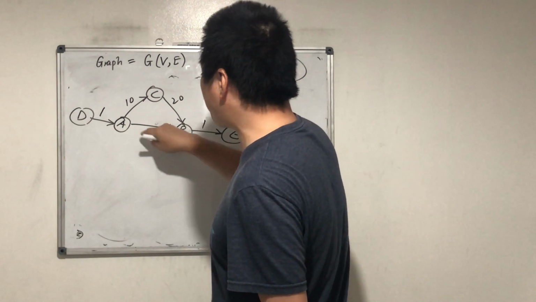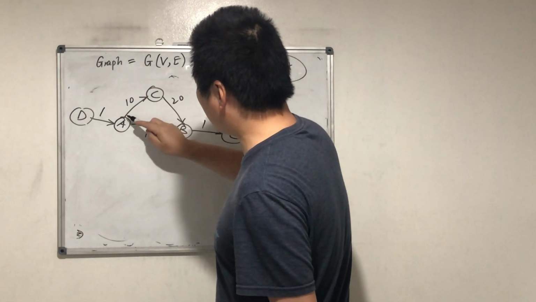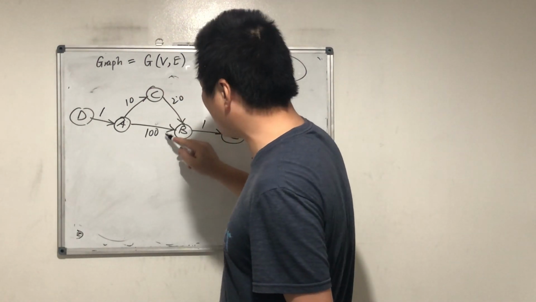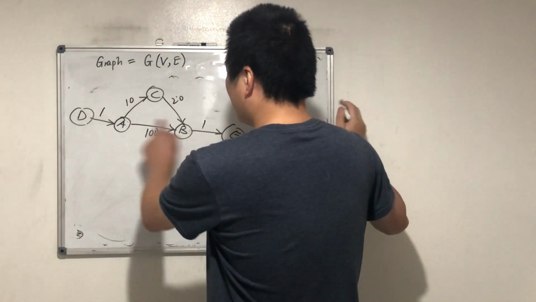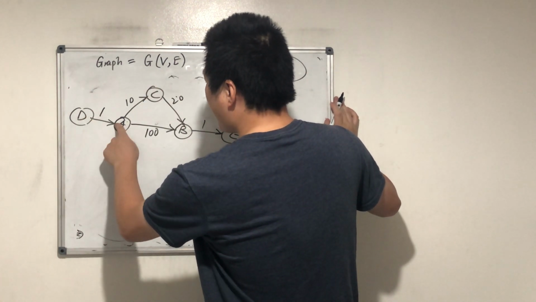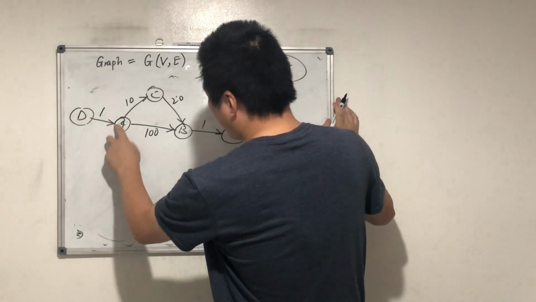We can always replace A to B, because it costs 10 plus 20 instead of 100. So we can always replace the overall path D to E with this bit. The ultimate path will be DA, AC, CB, BE, which is much better than DA, AB, BE.